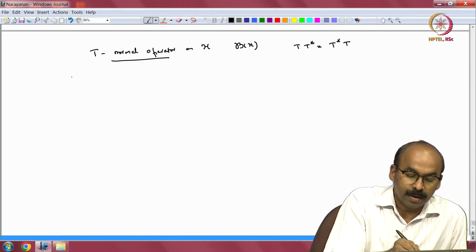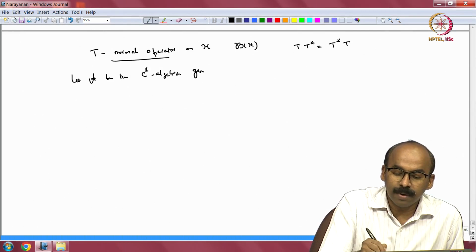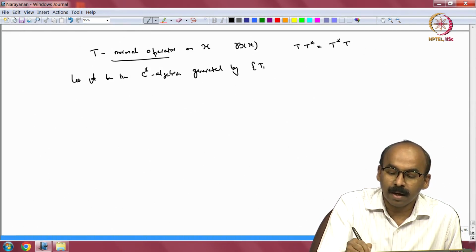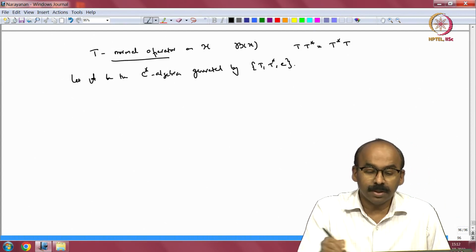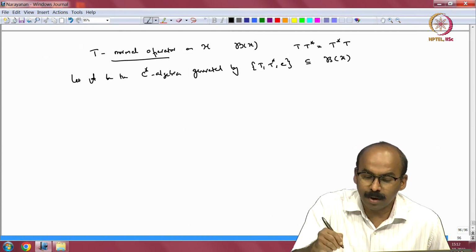So, let A be the C-star algebra generated by T, T star and identity. Okay. So, this is going to be sitting inside B of H, right. Well, how does it look like?